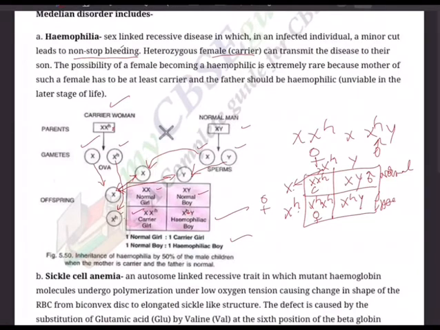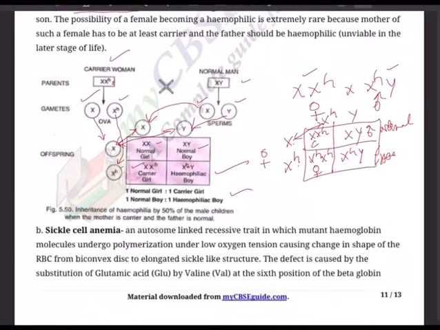So this girl getting XH XH only happens when the mother is a carrier and the father is hemophilic. Now the question is, who will marry a hemophilic person? That's the question. So it's very, very rare. So boys, we being boys, must be careful. That's why pedigree analysis must be done.